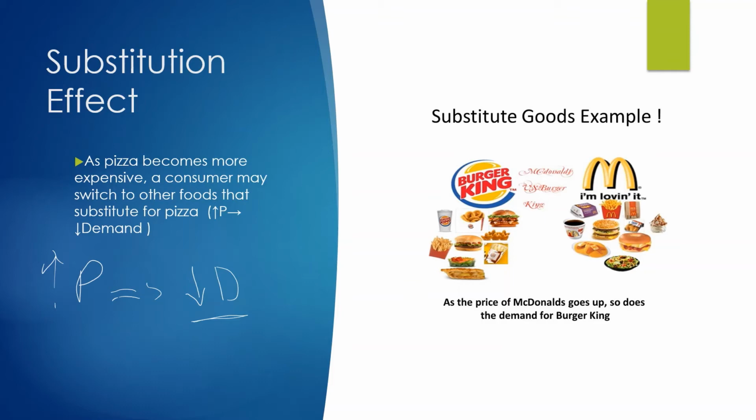Because the McDonald's Happy Meal becomes expensive for consumers, so they will substitute it with the Burger King Happy Meal. Okay, so this is all for the explanation of the negative relation between the prices and the respective quantity demanded of a good by considering the substitution effect.